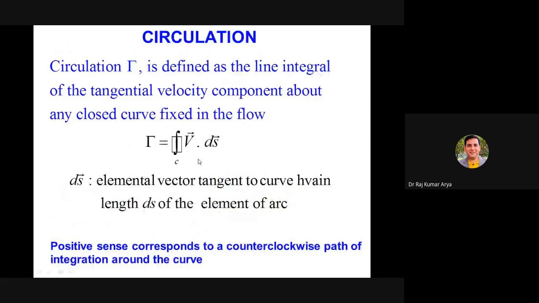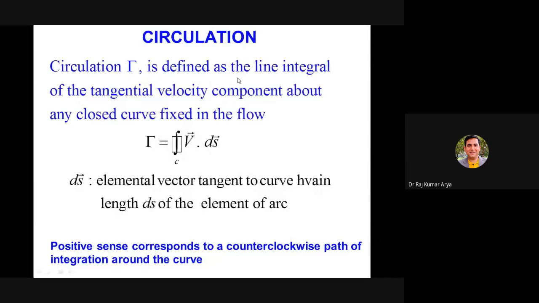So in the last class we were at circulation, that is, what should be the rate of circulation of the fluid within a particular area. In that part, you want to know how much fluid is moving in a circular path.